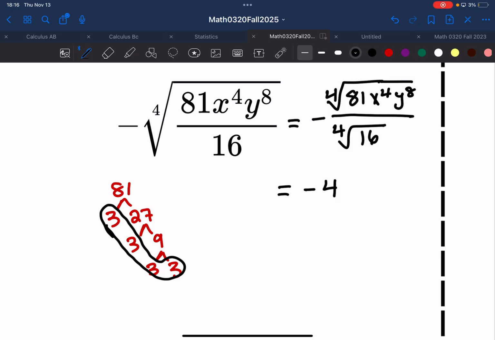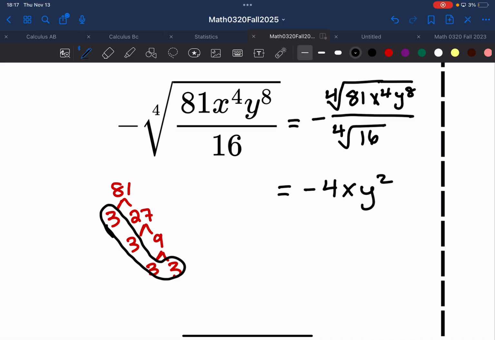Then I look at these, and I see this 4 and this 4, which tells me what? They cancel out, so what's left over? Just x. So I bring that down to my answer. Then I look at this, and what can I do? Divide, right? 8 divided by 4 is 2. So what am I going to have on the outside?